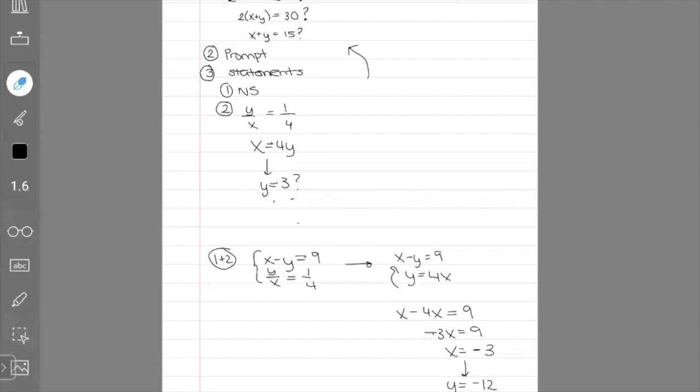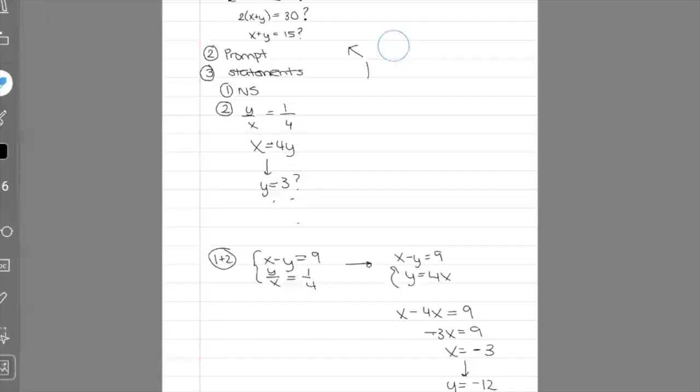So then you get negative 3x equals 9, which means that x equals negative 3. And then once you know x, you know that y is going to be 4 times that, so negative 12. And so if you put it back into the question, we'd have negative 3 plus negative 12, so that's negative 15, not positive 15. So the answer is going to be no.